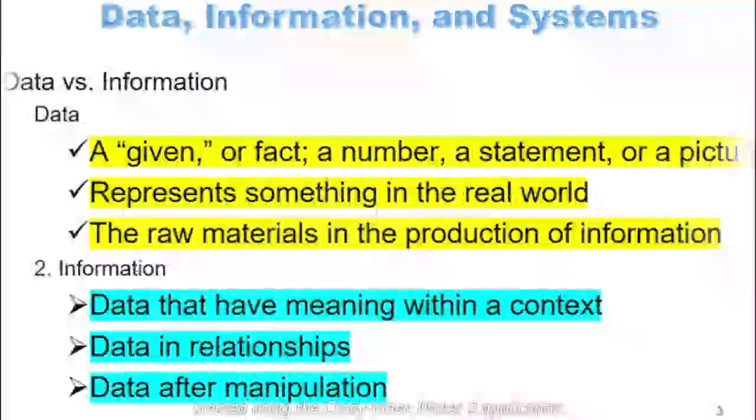Information can also be regarded as data in a relationship. The data that is related to what you are looking for is referred to as information. It is data after manipulation.